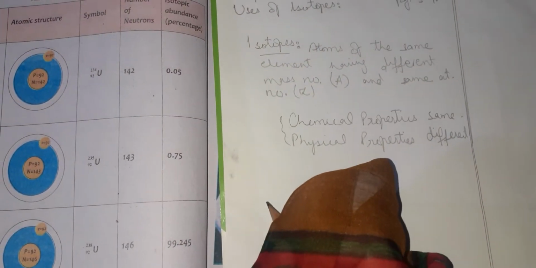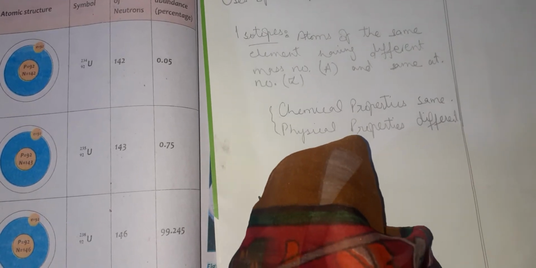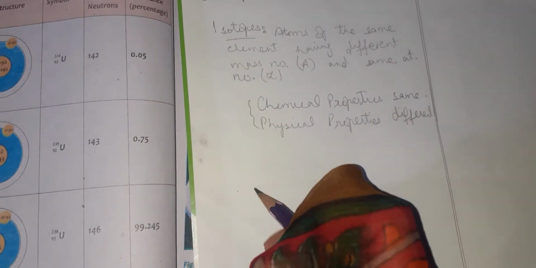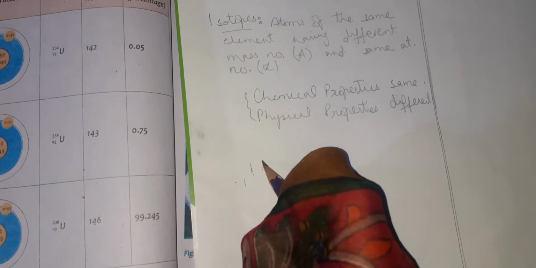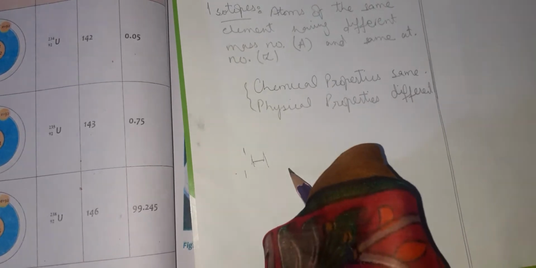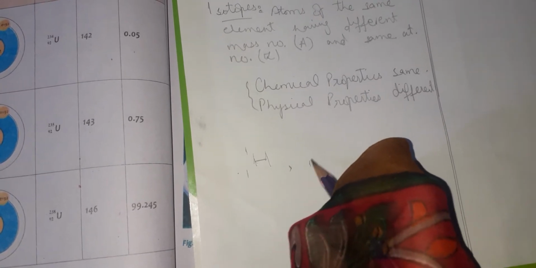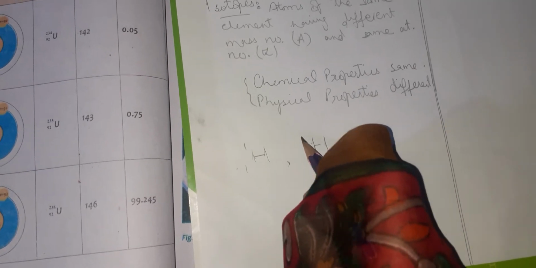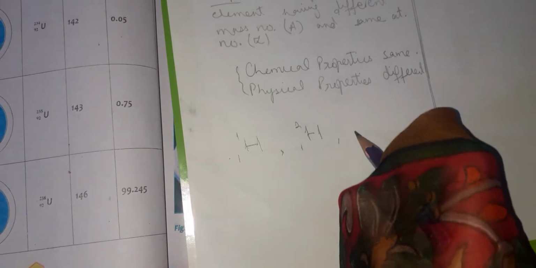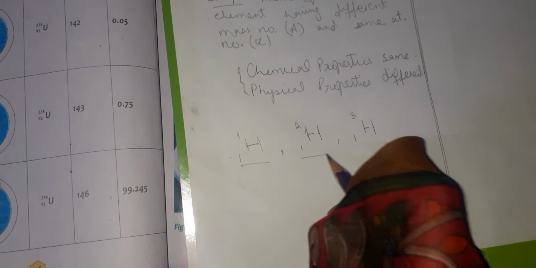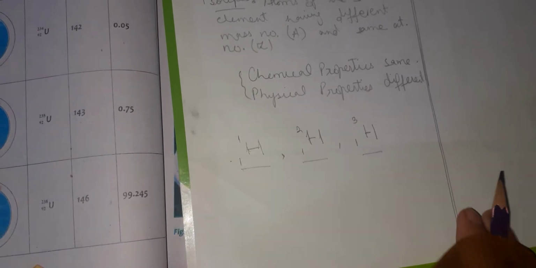Suppose we have three different isotopes of hydrogen. They are protium 1H1, deuterium 1H2, and tritium 1H3. Isotope number 1, isotope number 2, isotope number 3, right?